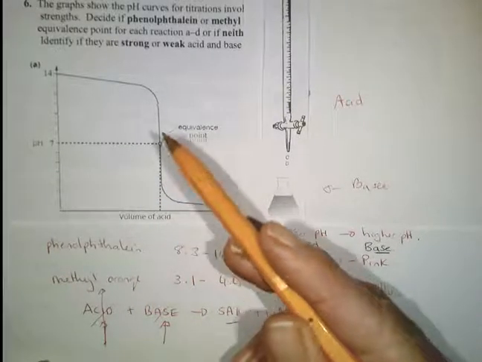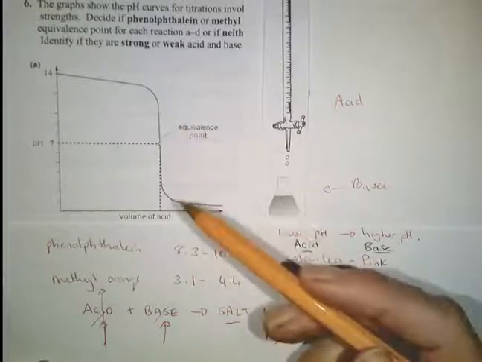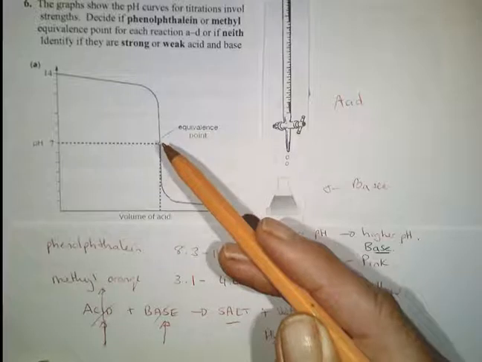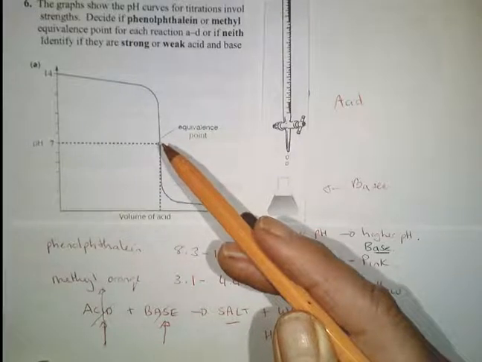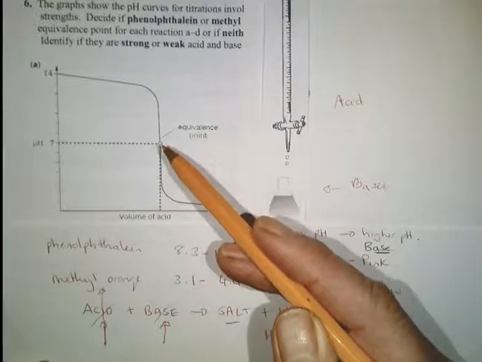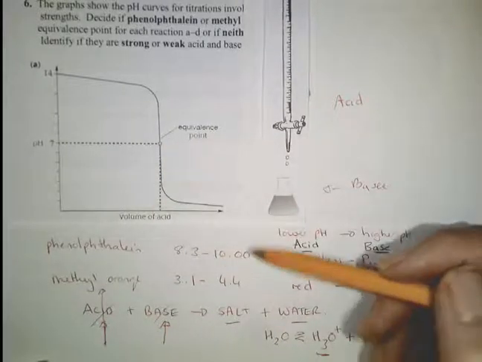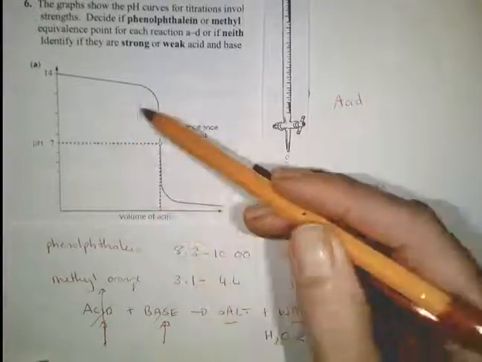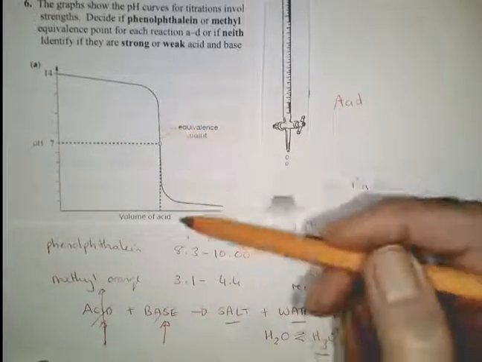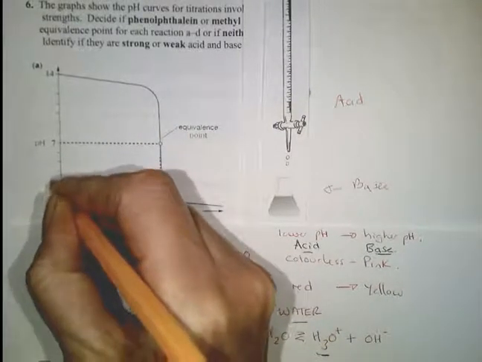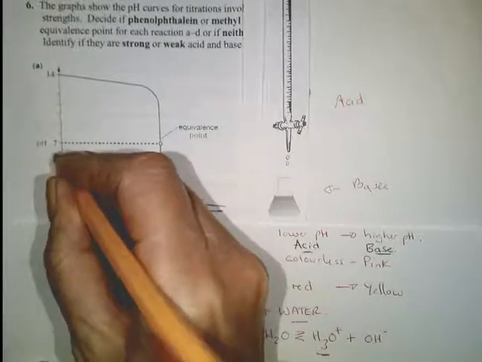So we want to find basically the middle point of the straight line, and the middle point is where you have equal amount of acid and base, and so you want to find an indicator that changes color across there. So both of these: 7, 8, 9, 10, phenolphthalein changes color across here, and I should write numbers on here, 1, 2, 3, 5, 6.